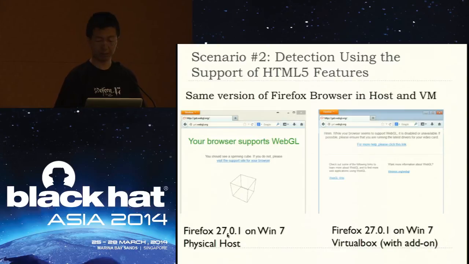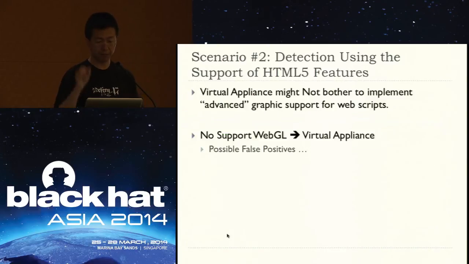Now, obviously, this type of behavior doesn't guarantee anything. When you send a program to the other side, run it on the machine, and it comes back with an exception saying no WebGL supported, if you just use that to detect whether it's a VM or virtual appliance, you're going to have some false positives. There are lots of reasons a physical machine might not support WebGL.